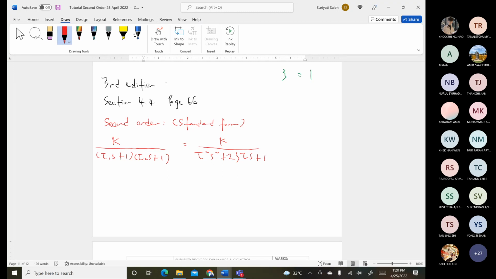Normally, for the damping, if you have damping equal to 1, the category is critically damped. If your damping is greater than 1, this is what we call overdamped.